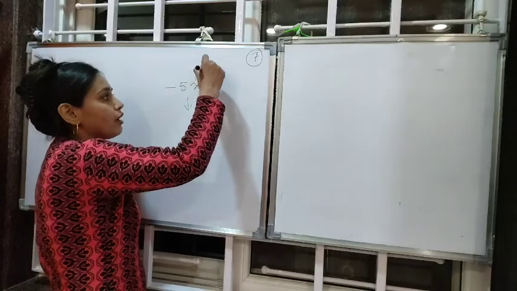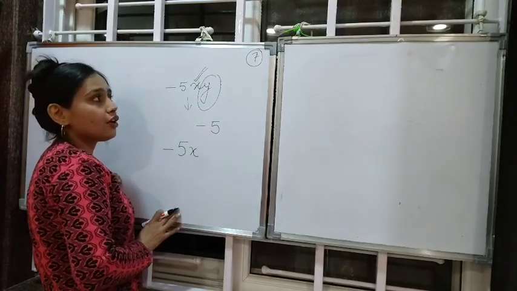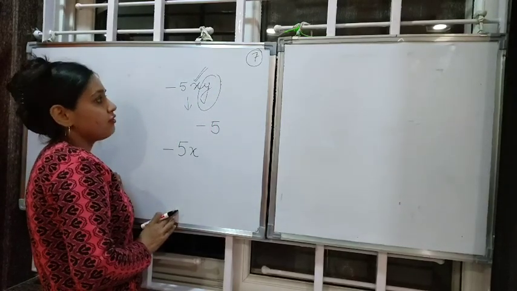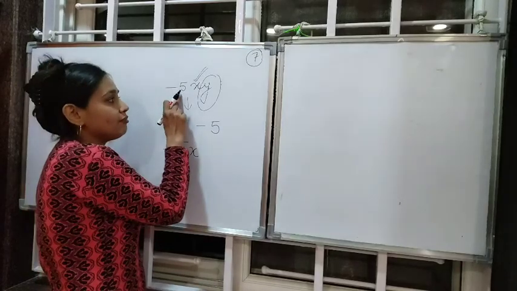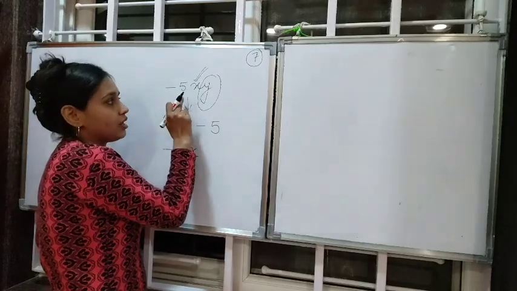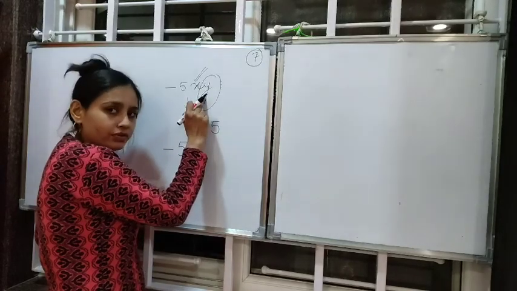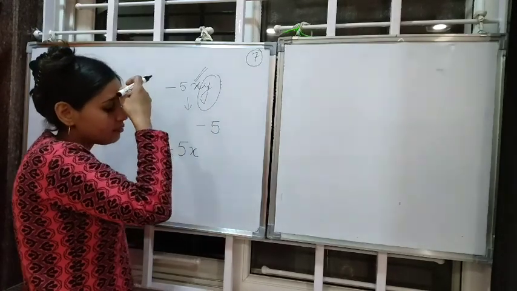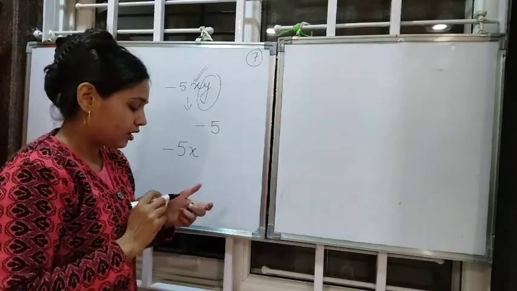Similarly, if we talk about the coefficient of the variable x, which will be the product of minus 5 and y, or even you can say minus 5y. Okay, children? So this was a very small concept.